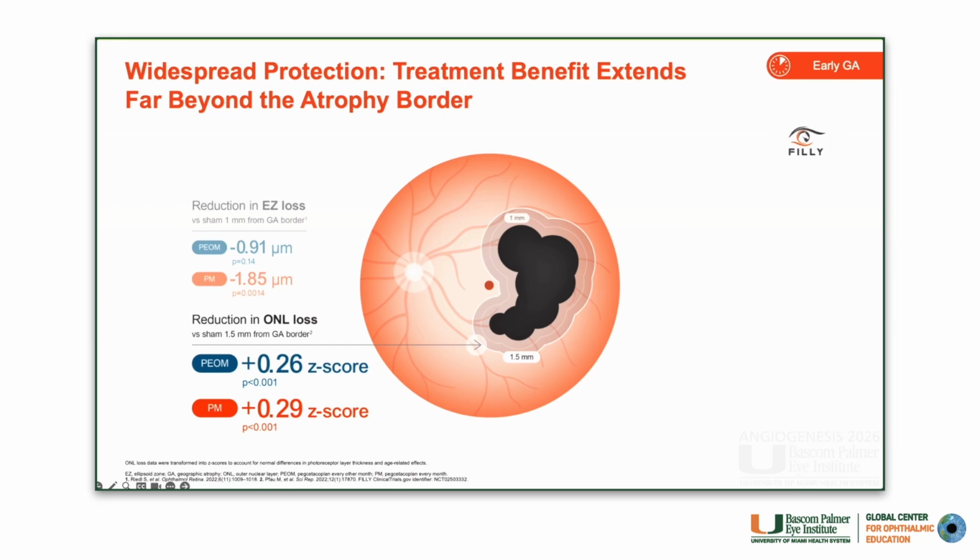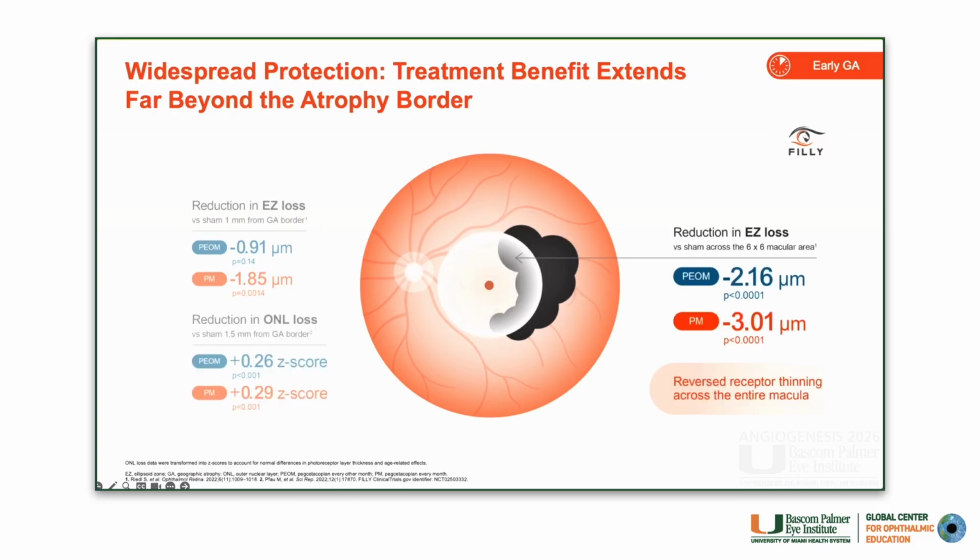Even farther out at 1.5 millimeters from the lesion, a similar effect was seen in the outer nuclear layer, which contains the photoreceptor cell bodies. And pegcetacoplan's effect extends even beyond that, across the entire 6 by 6 millimeter OCT field, highlighting that pegcetacoplan's neuroprotective effect in GA extends well beyond the lesion border.